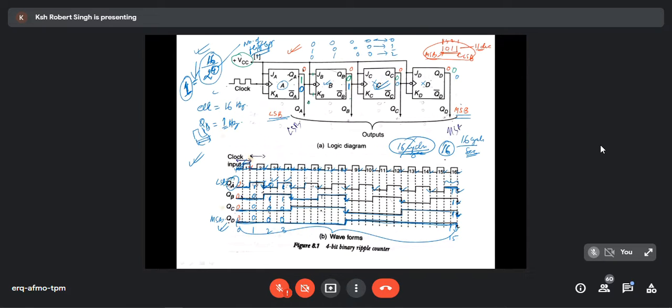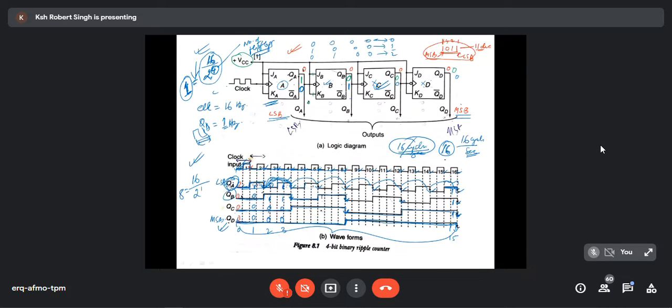QA will divide the frequency by how much? By 2. How? 16 divided by 2 to the power 1, if you have only QA, means only 1 flip-flop. 16 by 2 is equal to just 8 cycles. There is 1 cycle from here to here, another from here to here: 1, 2, 3, 4, 5, 6, 7, 8.